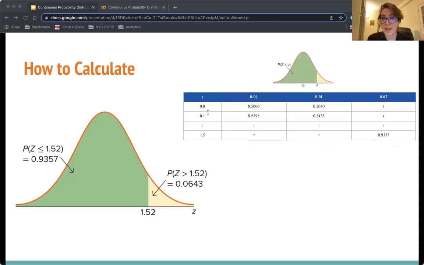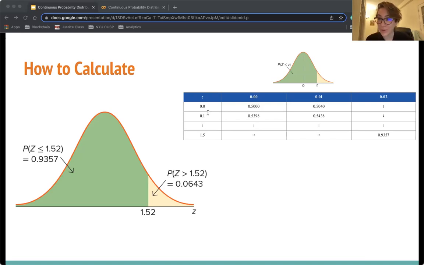Let's consider a value that is 1.52 standard deviations above the mean. The z-score is 1.52. That's really what z-score is saying: how many standard deviations above or below the mean is it? And because it's positive, we know it's above the mean. If we drew this on a normal distribution curve, it would be on the positive side and look something like this.